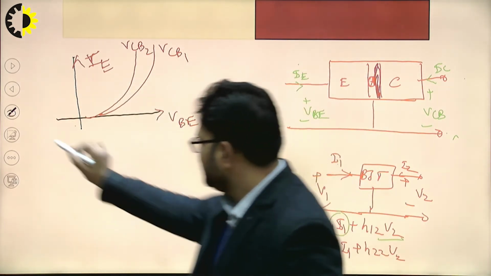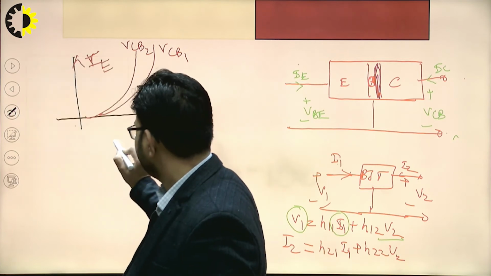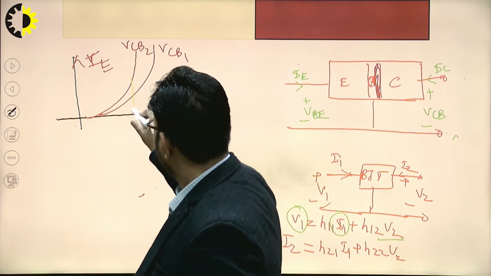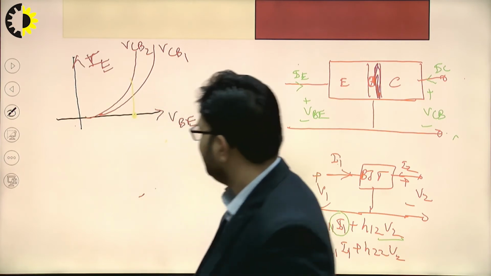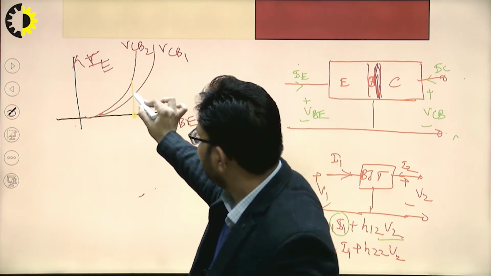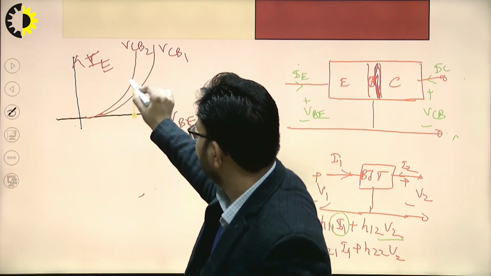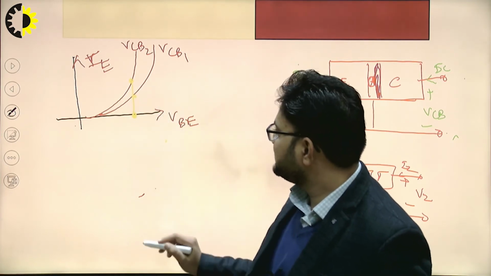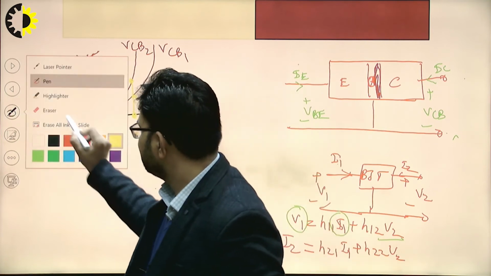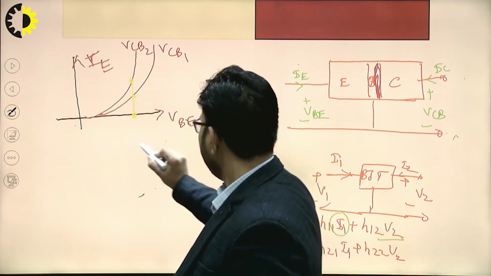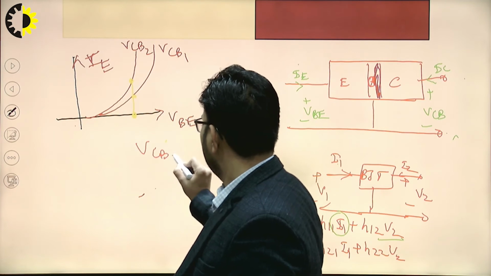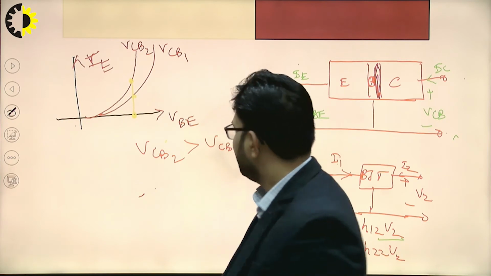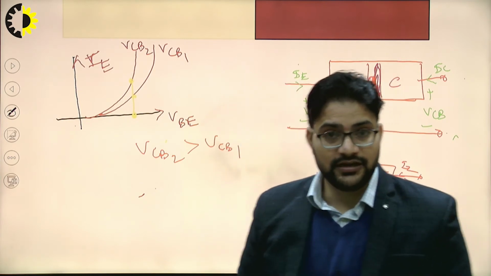VCB2. So what we can say from this discussion is that VCB2 is greater than VCB1.